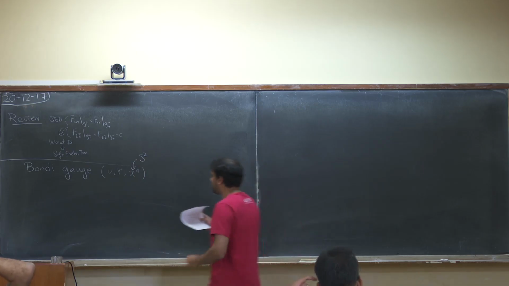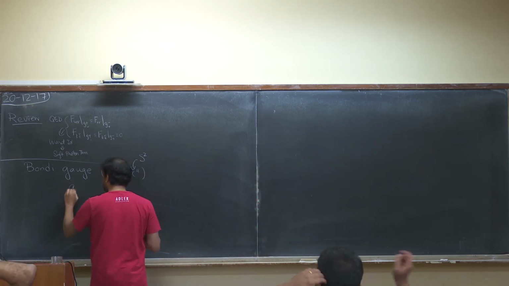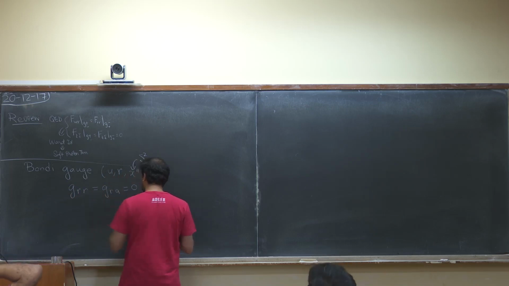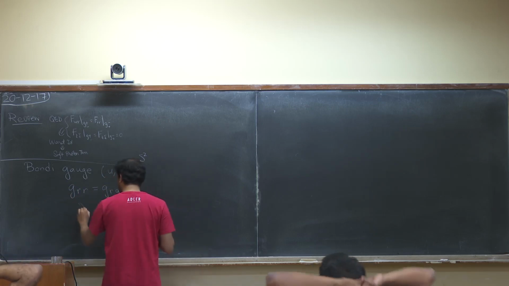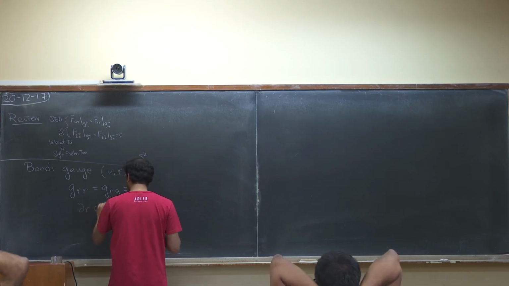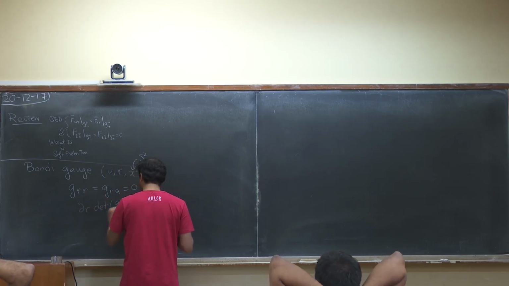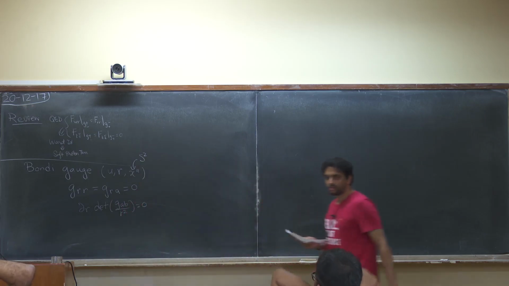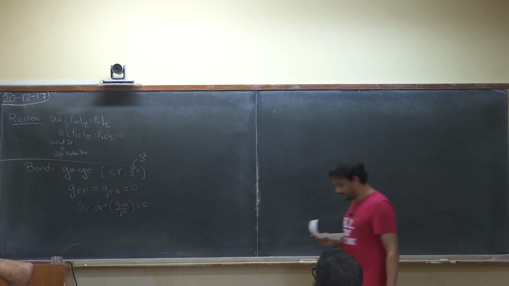And the gauge is described by the gauge conditions g_rr and g_rA equal to 0, and also a condition on the determinant of the angular part of the metric. So these are the gauge conditions you impose on the metric.